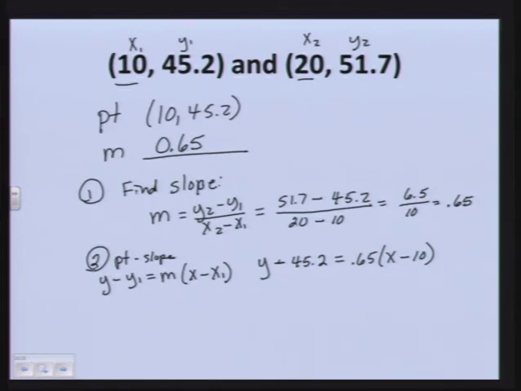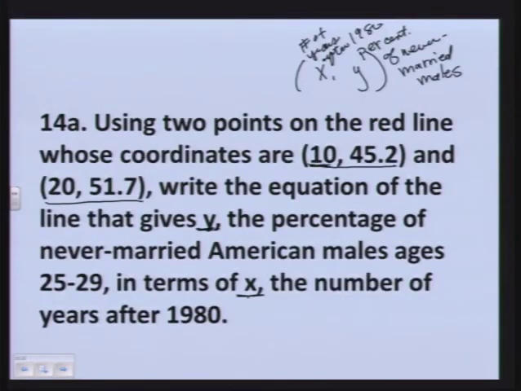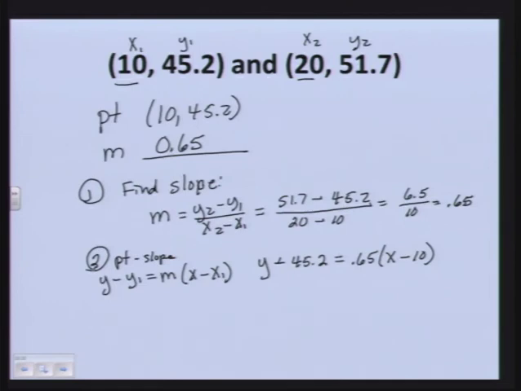But we want this solved for y because let's look back at our directions. It says that gives y in terms of x. That means solve it for y. So y minus 45.2 equals, using distributive property, I get 0.65x minus 6.5.